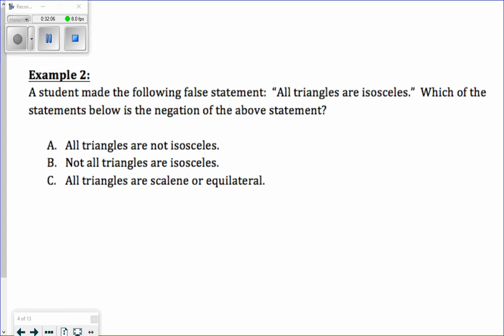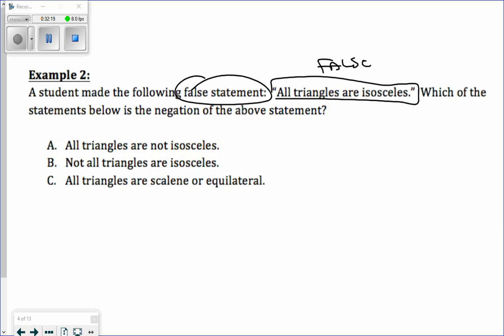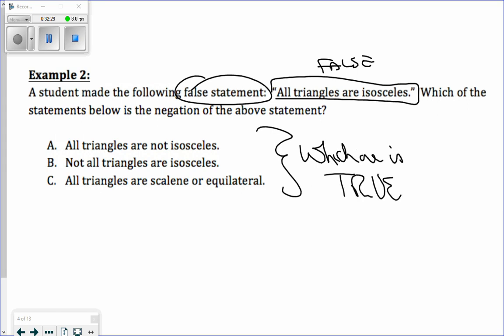Okay, so a student made the following false statement. All triangles are isosceles. So that is false. It says which of the following below is the negation. So we need to figure out which one is true.